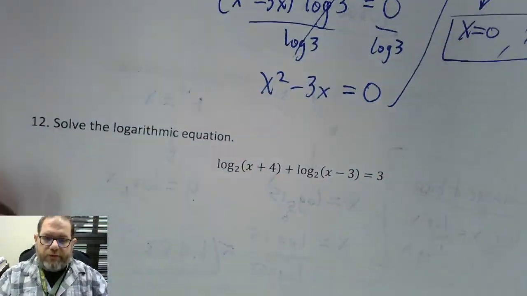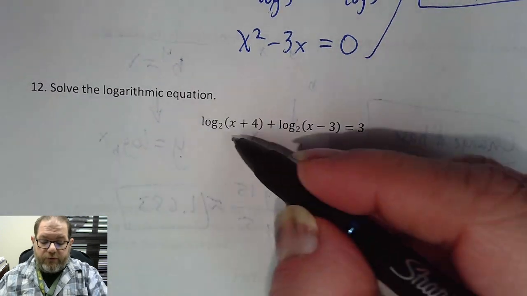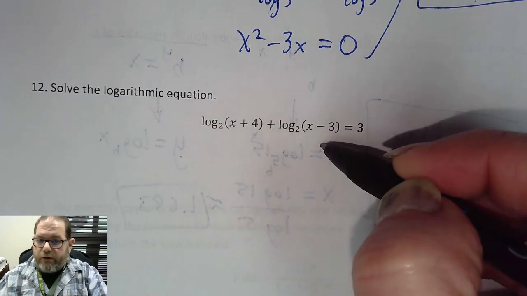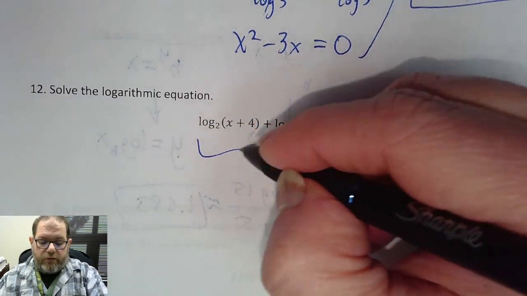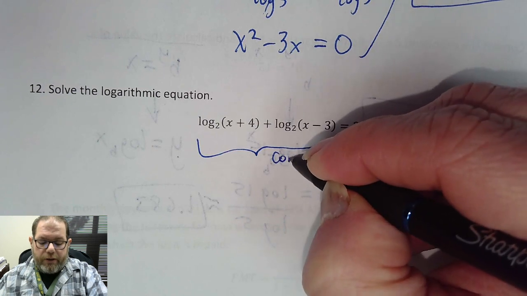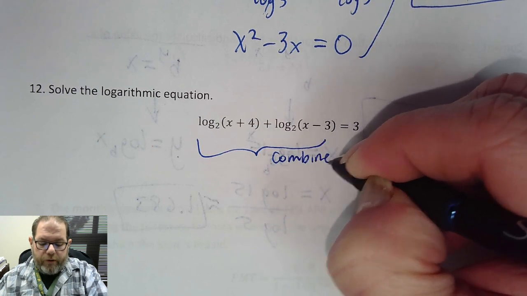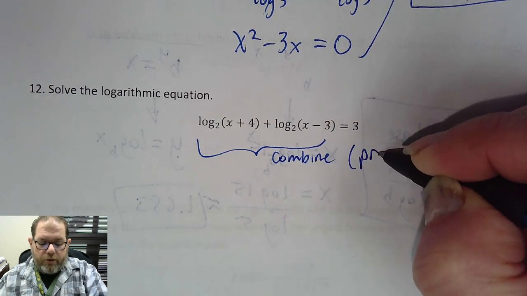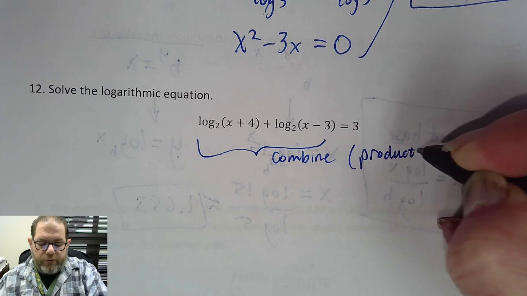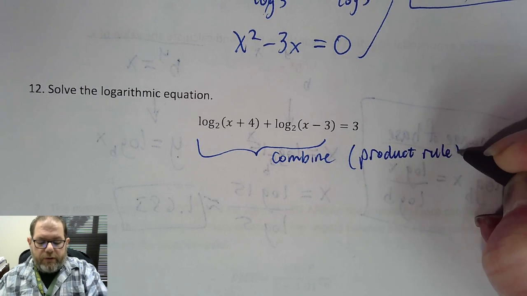This problem 12 is a little bit different though, because we start off with a pair of logs first. So step 1 is to combine these together, and that is the product rule. So we're still using our log properties, okay?